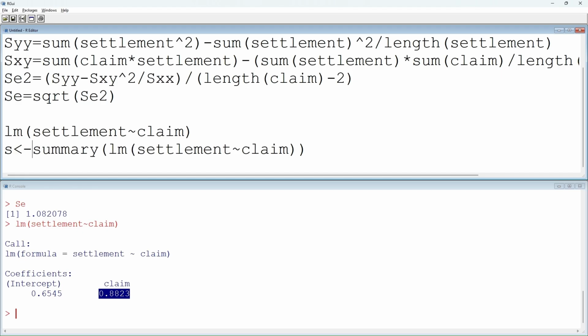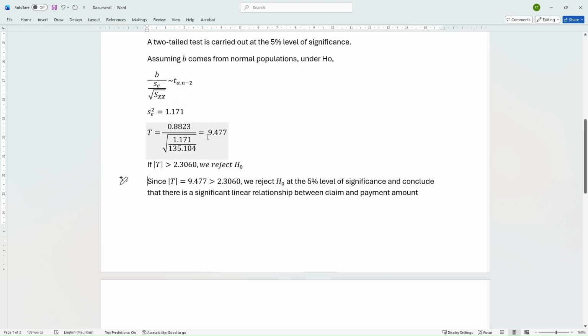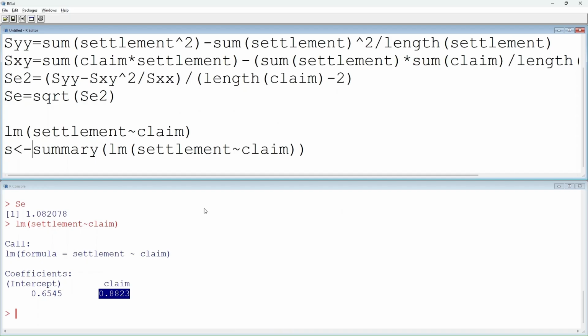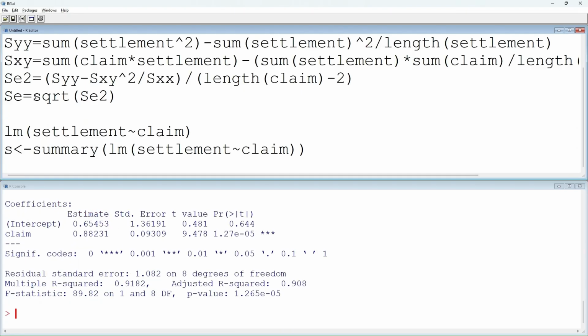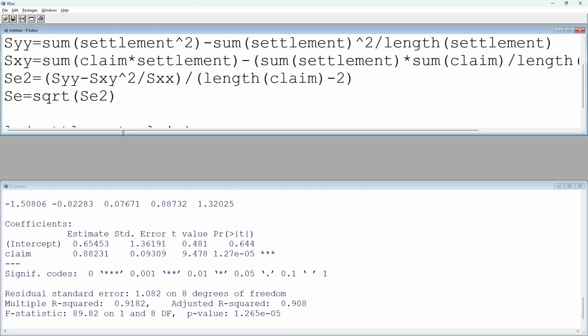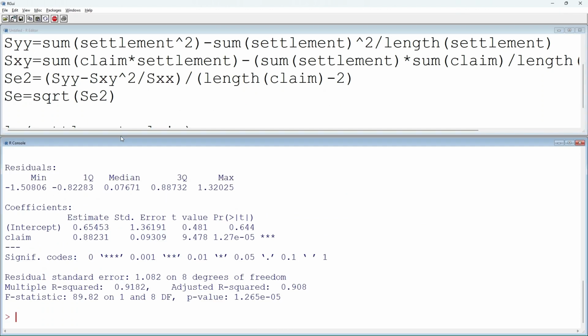Let's call it S. This is what is of relevance, and this is what will enable me to know whether the regression coefficient is significant or not, whether what I've done here is similar to what I'm going to obtain here. Let me execute that S, and you can just run the S, and you will see that here we go, we've got the output. Now let me explain to you a little bit these outputs.